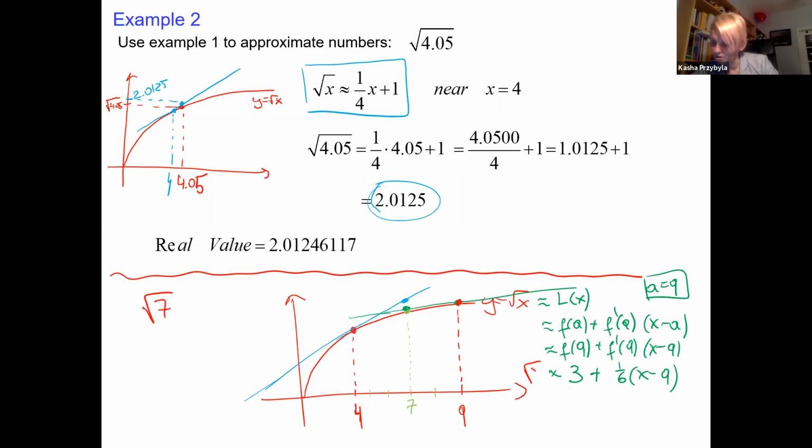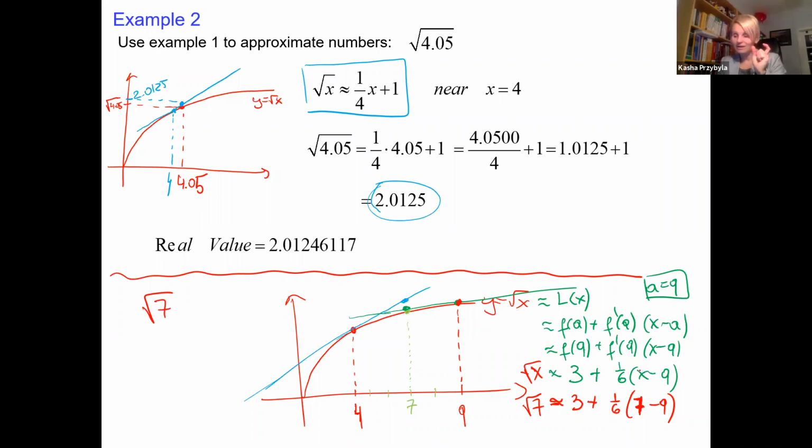I am approximating the square root of x using this equation, but I can only approximate for numbers close to 9, and 7 is relatively close. So the square root of 7 will be equal to 3 plus 1/6 times, substituting 7. Can you see why I like this?